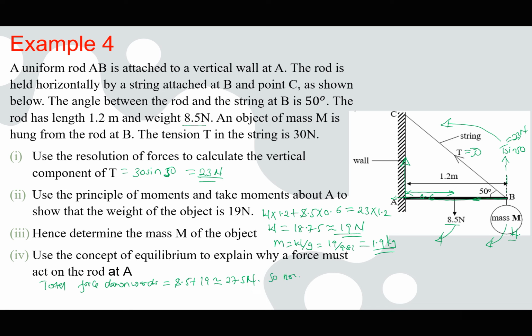So it is not equal to the vertical component of the tension, which is 23. Therefore, there must be a force on the rod at A.